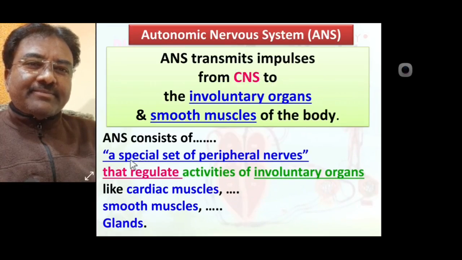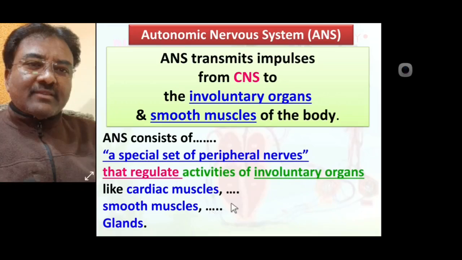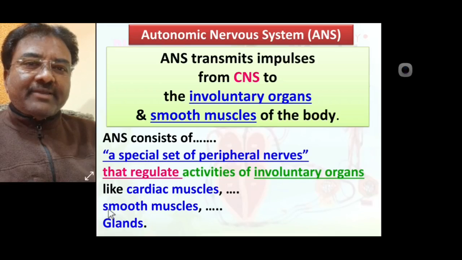Heart activity, smooth muscle activity and different gland activity are regulated by the peripheral nerve set of the ANS.